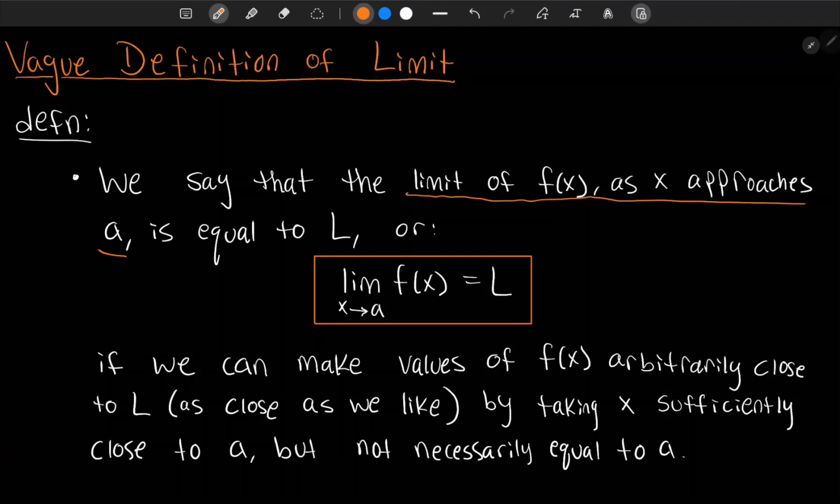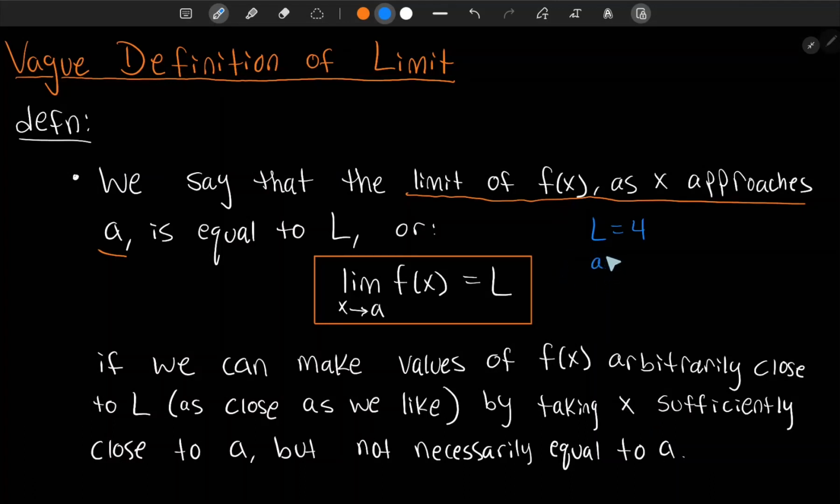What we saw before was that we wanted f of x to be arbitrarily close to 4. So in our previous example, we saw that L was equal to 4. And we wanted our f of x to be very close to 4. And the way that we could do this was by taking x very close to 2.